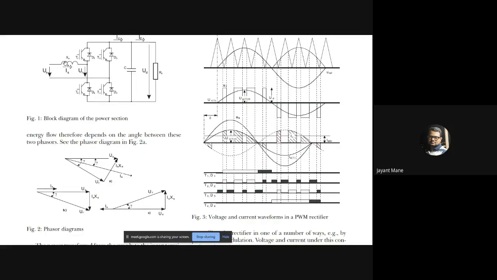So based on this inductance value, there will be an angle between these two, isn't it? So VS, if we take as a reference, then UR will be here and IS excess will be the drop, voltage drop here.